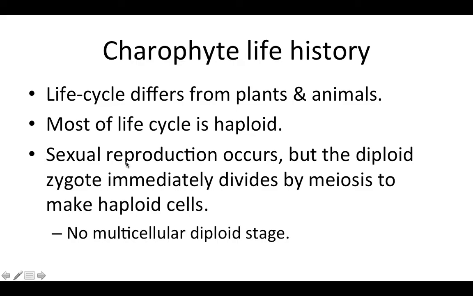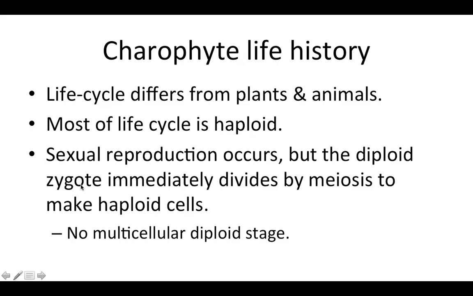Charophytes do have sexual reproduction, but at some stage in their life cycle, a haploid sperm fertilizes a haploid egg and creates a diploid zygote. We've seen that for both plants and animals before. The difference here is that for the charophytes, as soon as that diploid zygote is formed, it immediately goes through meiosis and makes haploid cells again.